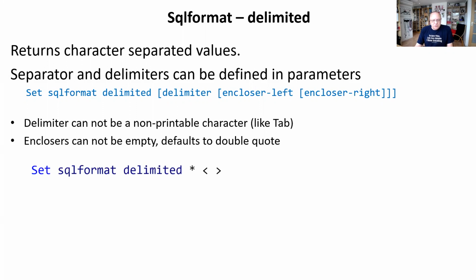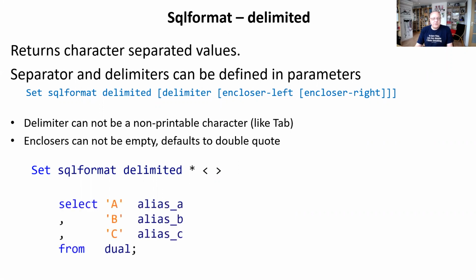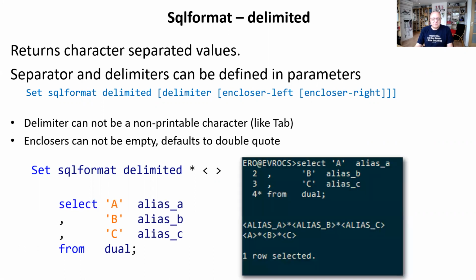As an example, set SqlFormat delimited asterisk, and then the brackets as enclosures. When I run this query, the output looks like this. As you can see, the aliases of the columns are in the first line. The enclosures are used, and there is an asterisk as a delimiter. And this is the data line.